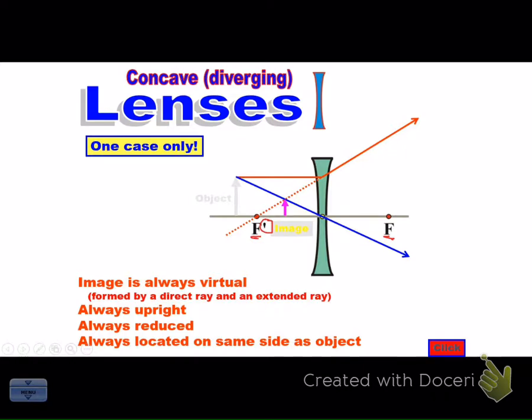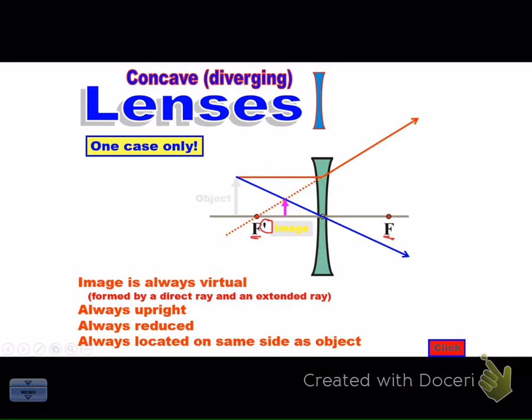So here's what you need to write in your chart. The image that we get from a diverging lens is virtual. I know in mirrors, if it was on the same side as the object, it was real, but this isn't a mirror. This is a lens. Your light is actually passing through this lens. So to have an image form on the same side doesn't make any sense.